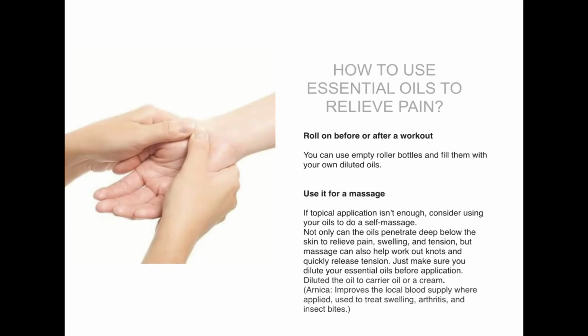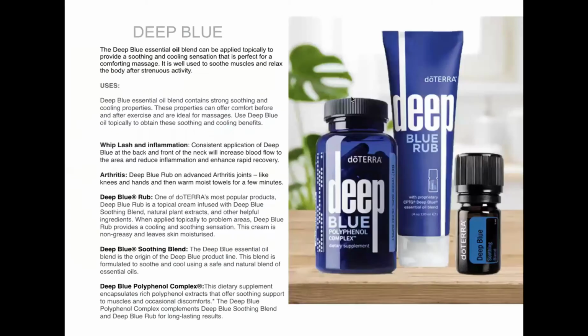And now I'm going to talk about Deep Blue. Probably if you had a kit, you know the oil, Deep Blue. As you can see here, we also have the Deep Blue Rub, and then we have the polyphenol complex. So Deep Blue is very soothing and it has cooling properties, and it's very good before or after exercise.